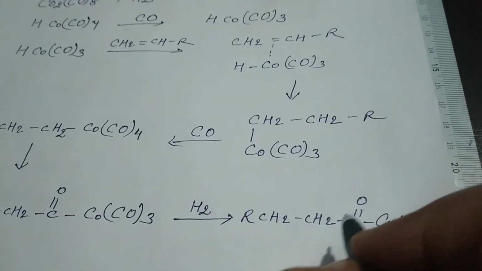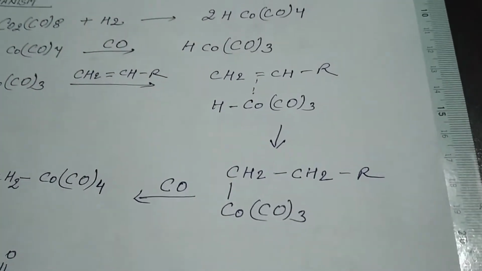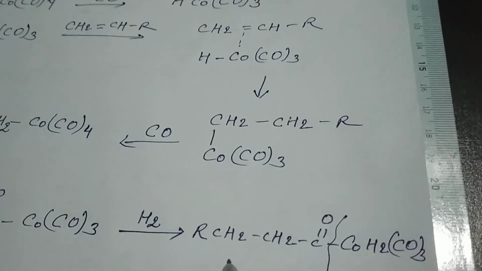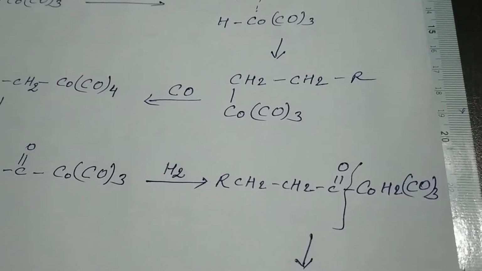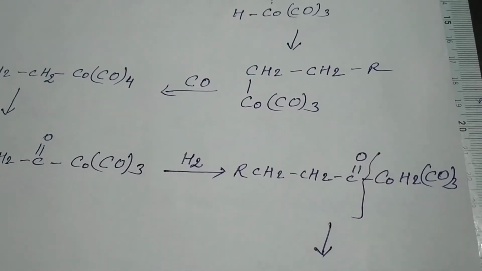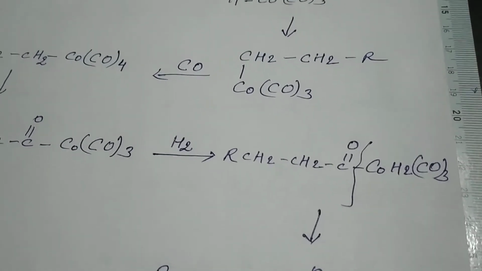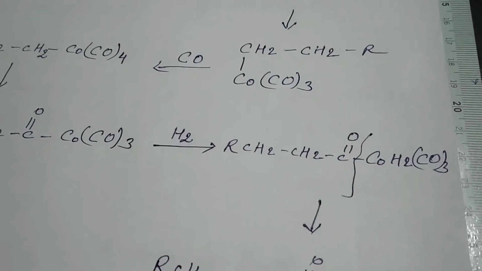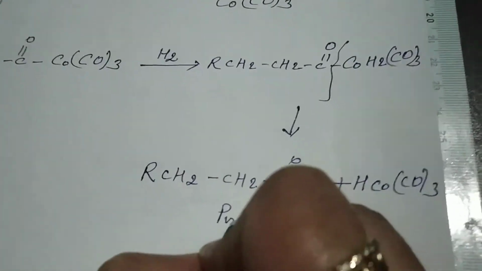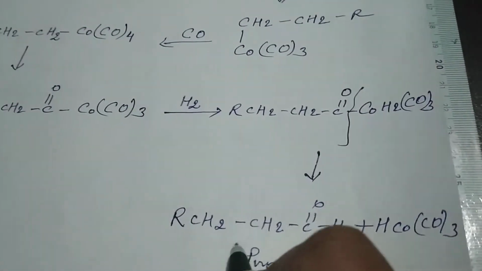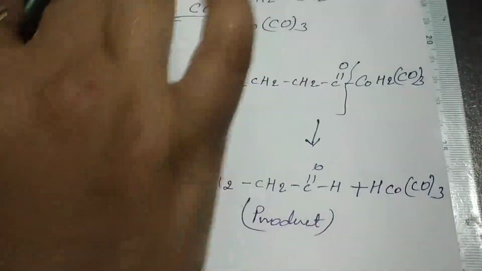Now it undergoes a reductive elimination reaction in which one hydrogen goes on this side and one hydrogen goes on this side, forming RCH2CH2COH plus HCo(CO)3. So this is the required product, and here the catalyst is regenerated, hence the catalytic cycle is completed.